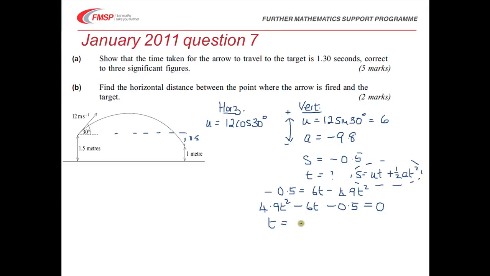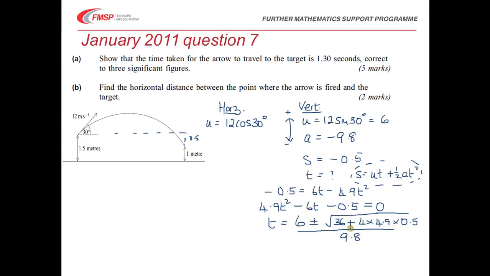So t equals minus negative 6, so that's plus 6, plus or minus the square root of b squared, which is 36, minus 4ac, and that minus gives us a plus, so it's 4 times 4.9 times 0.5, all over 2a, which is 9.8.